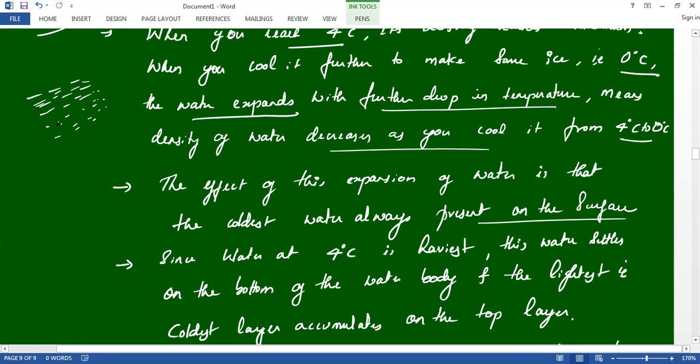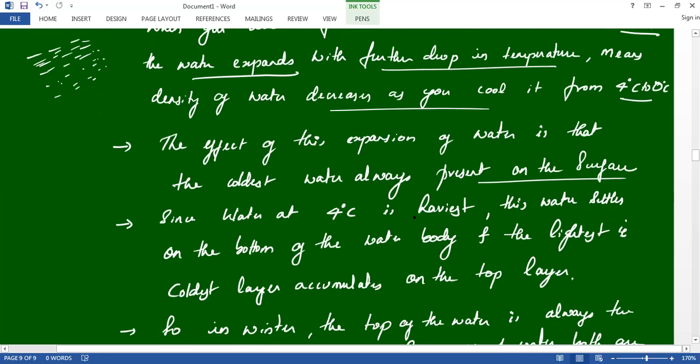Since the water at 4 degrees is heaviest, it will settle at the bottom, and above it might be 0 degrees Celsius. So 0 degrees Celsius water will float over the 4 degrees Celsius water, because 4 degrees Celsius water is heaviest. The lightest, that is coldest, layer accumulates on the top.